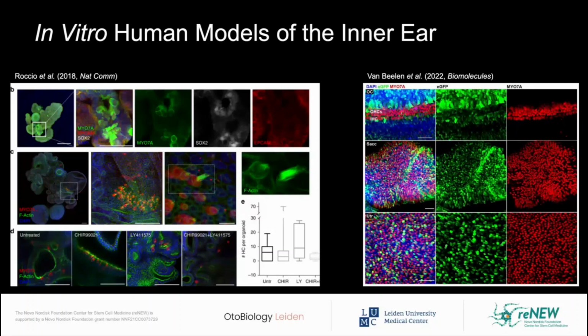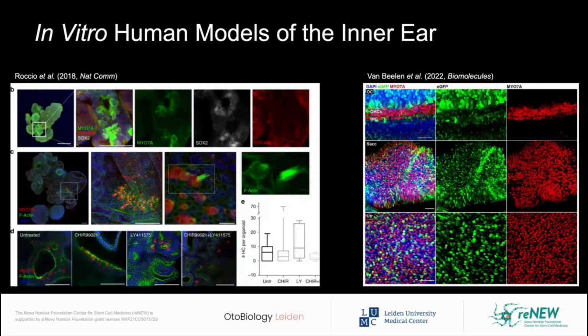Also, work from our group is that we collect fetal inner ears, but also utricles, for instance, from vestibular schwannoma patients, and bring these into culture. We do different kinds of studies with this. We can keep them for 6 months in culture with hair cells still being there.